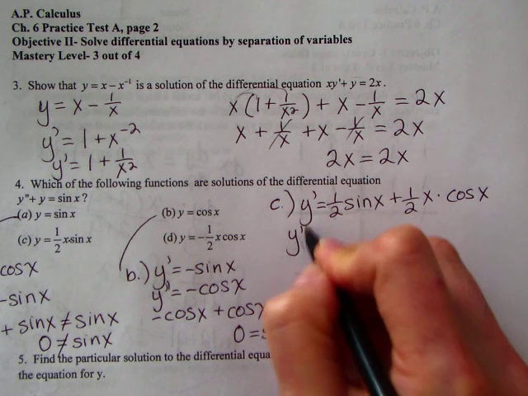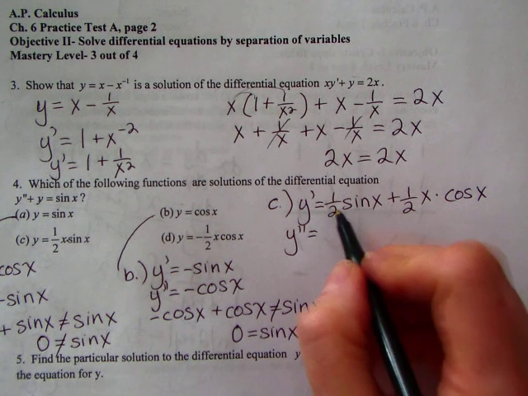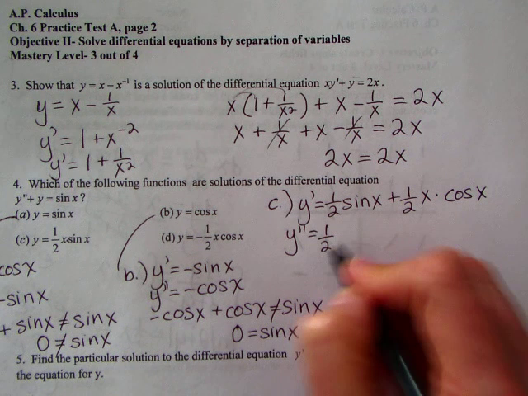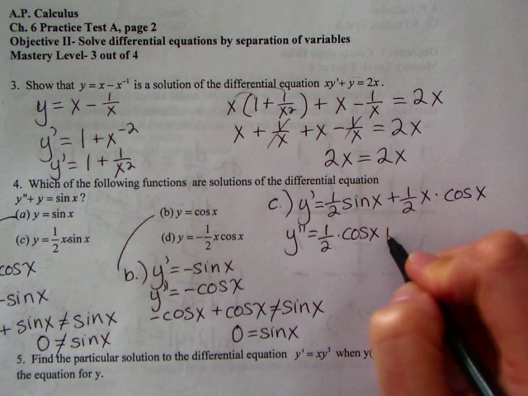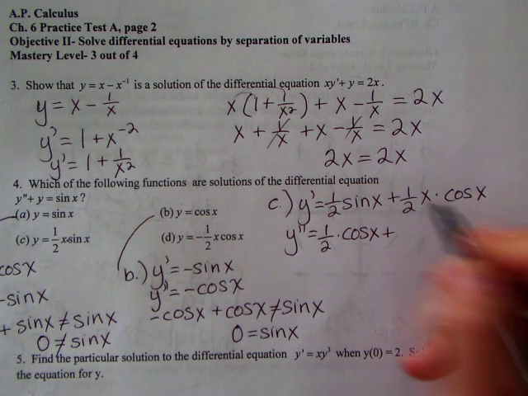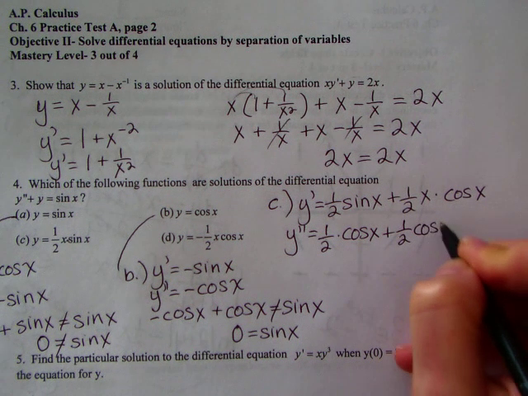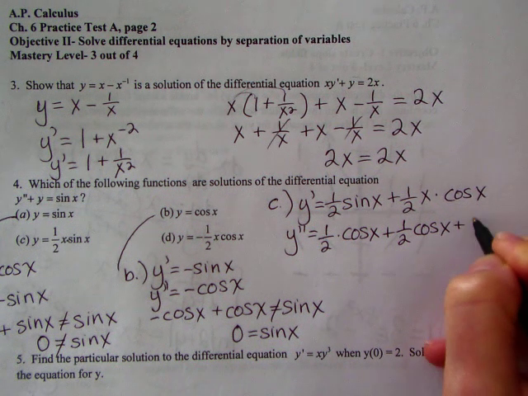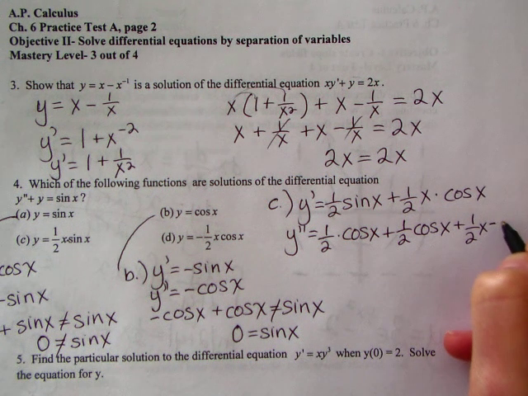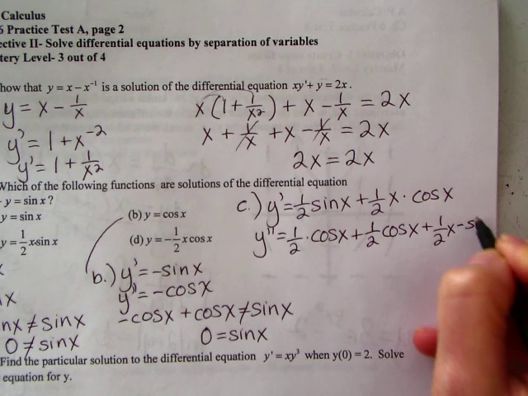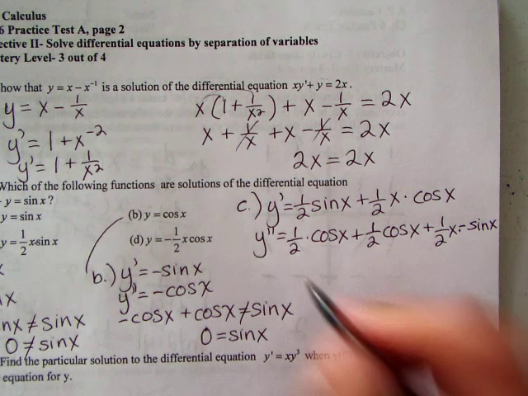Which means y double prime would be, let's see, constant multiple rule, so we leave the half alone, the derivative of the sine is the cosine of x, plus here we need the product rule again, the derivative of a half x is a half, leave the cosine alone, plus leave a half x alone, the derivative of the cosine is negative the sine of x, that's times negative the sine of x.